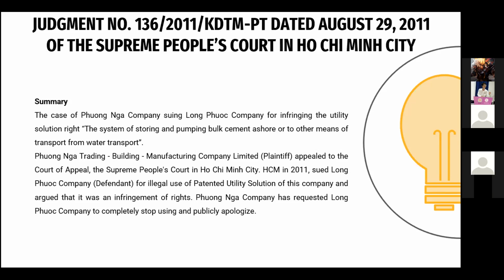Phương Nga Company, a building manufacturing company, appealed to the Supreme People's Court in Ho Chi Minh City in 2011 and sued Long Phước Company, the defendant, over the patent of the utility solution, claiming that it was an infringement of the rights of Phương Nga Company, and requested Long Phước Company to completely stop and publicly apologize.